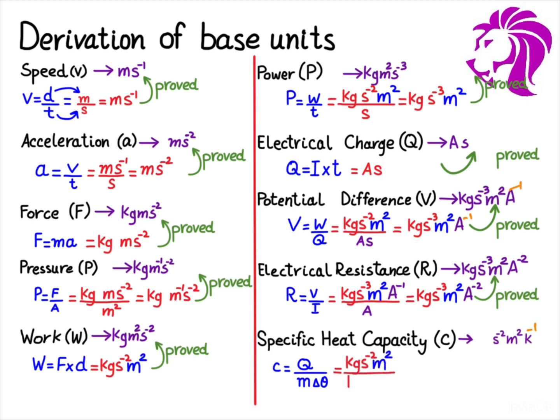The unit of mass is kg, and the unit of temperature is kelvins. Here I cancel kg with kg, so my final unit comes up to be m^2 s^-2 K^-1. So again it's proved.